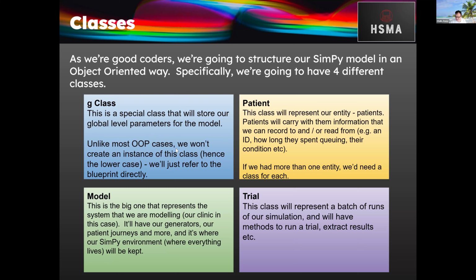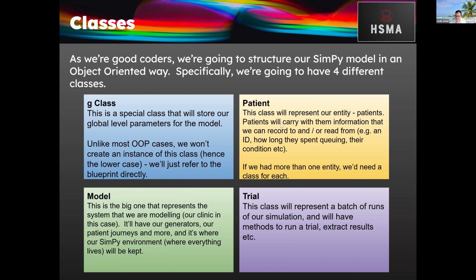Unlike most object-oriented programming classes, we're not going to create an instance of the G class. That's why it's lowercase. We're going to refer to it directly. We're just going to say, here's the G class, dump in our parameter values, and then just refer to it, almost like a little database. It's a little bit odd, but that's the way we do it.